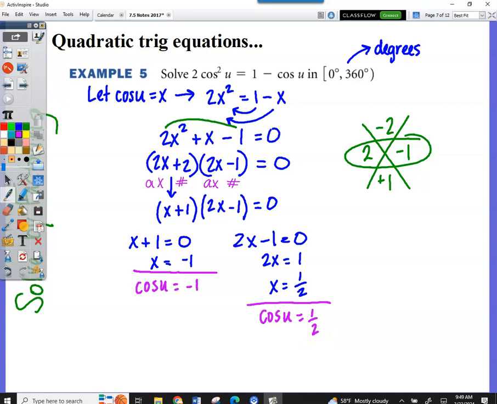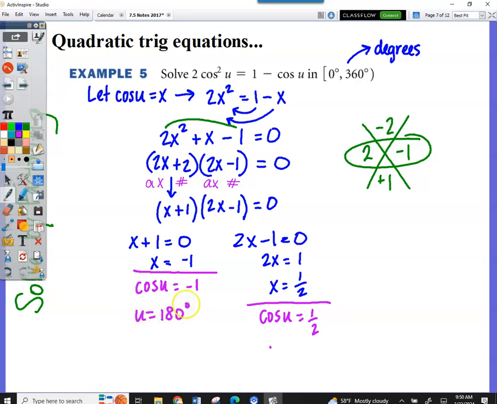And now you're at the point where you go to your unit circle. Where on the unit circle is x -1? Where on the unit circle is x 1/2? It's -1 at 180, right? Yep. And then 1/2, so at right here, u would be 180.